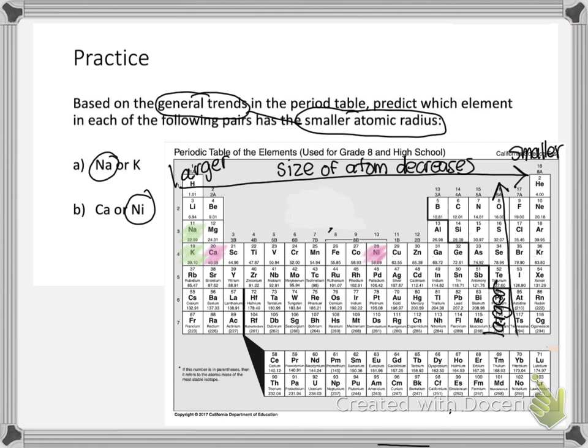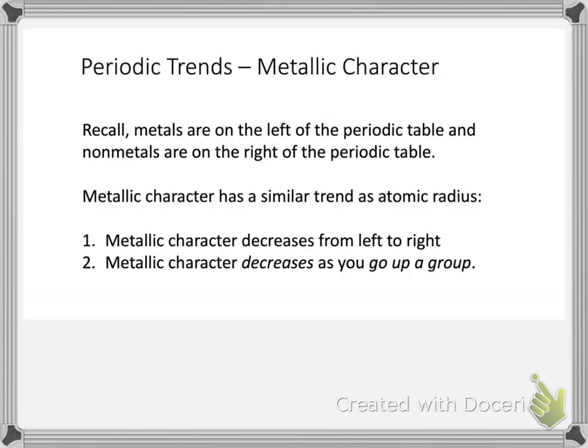All right, so let's look at metallic properties. Metallic character means how much of the metallic properties does the atom have? And here you can read about the metals and nonmetals.